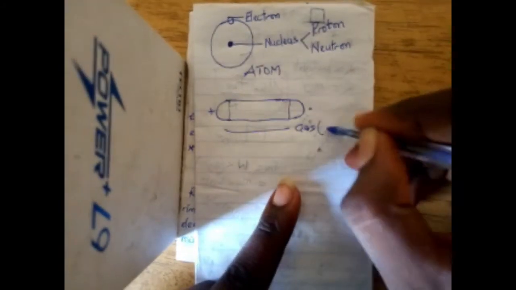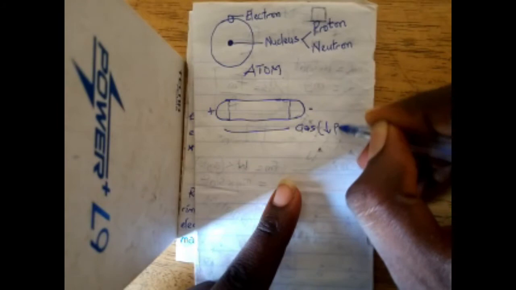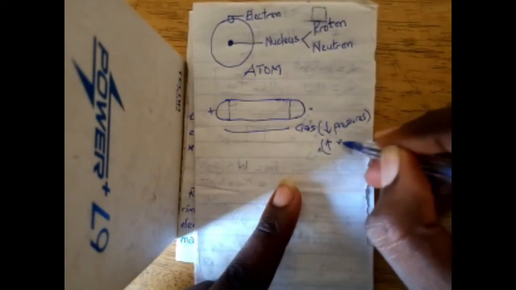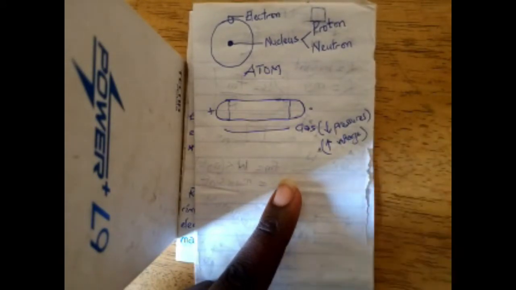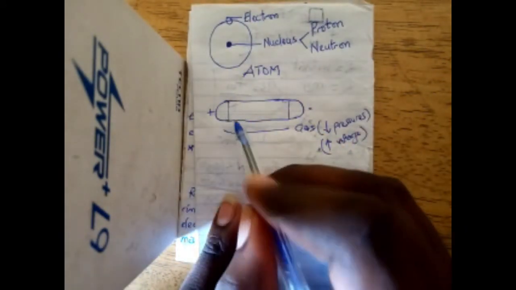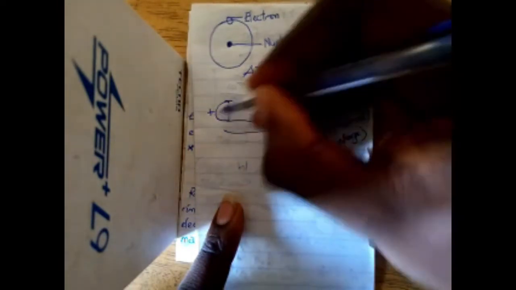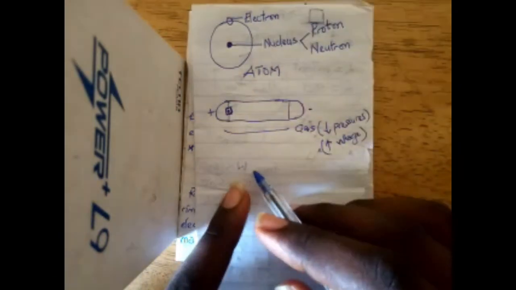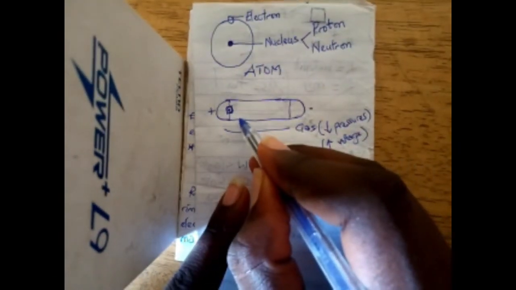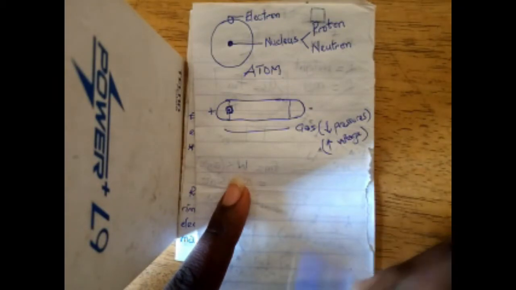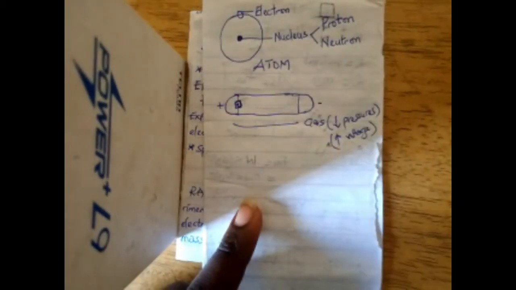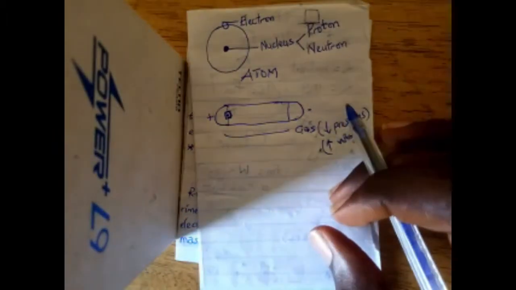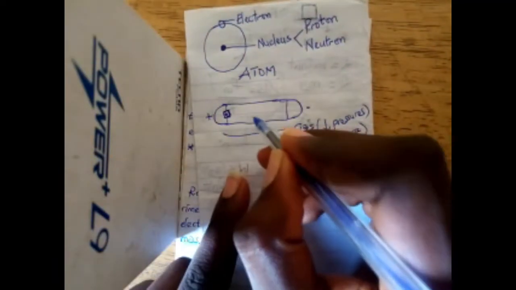So this gas at very low pressures was subjected to high voltage or potential differences. It was observed that from a certain point where he ejected cathode rays, there were movements in straight lines. This movement in straight lines was due to the particle called the electron.